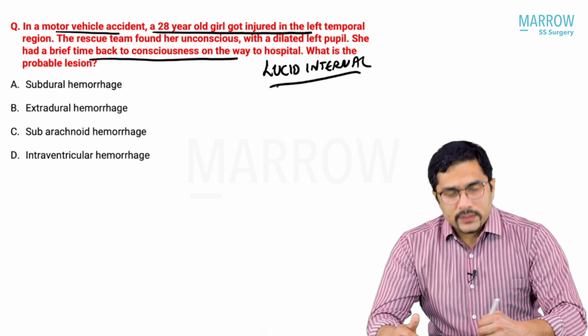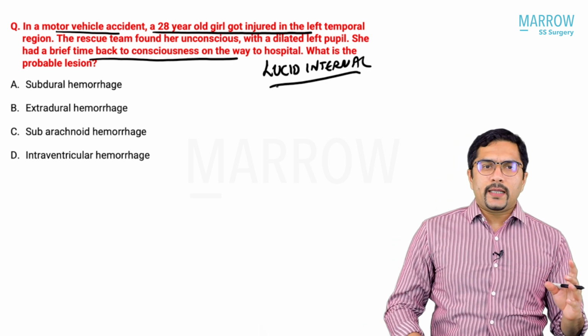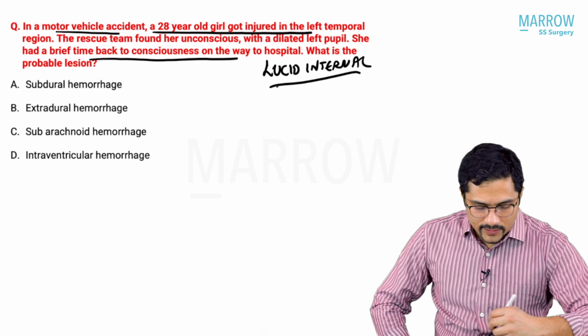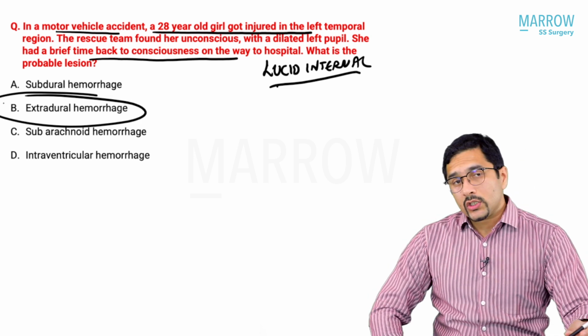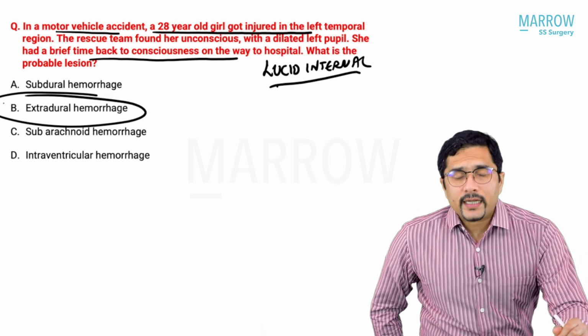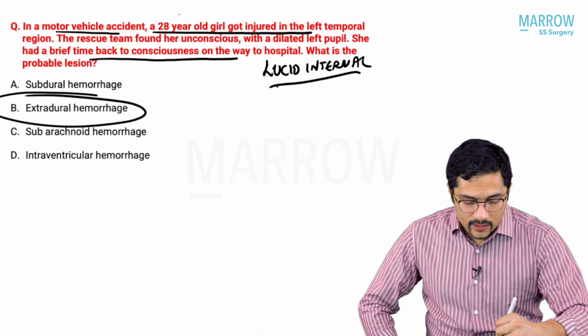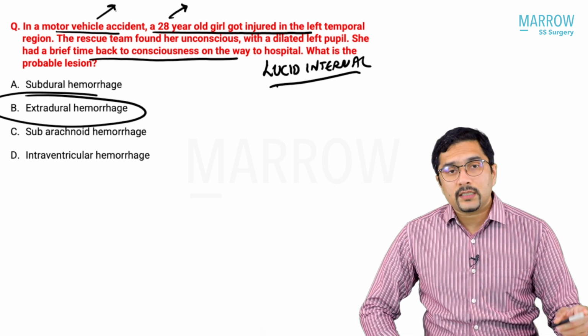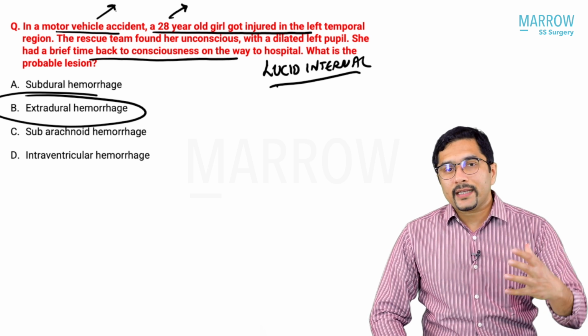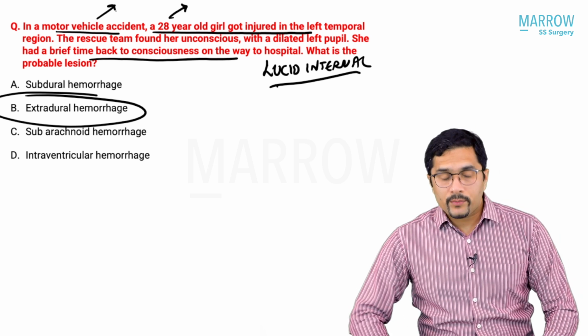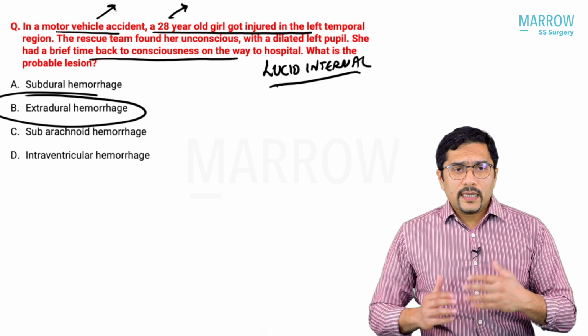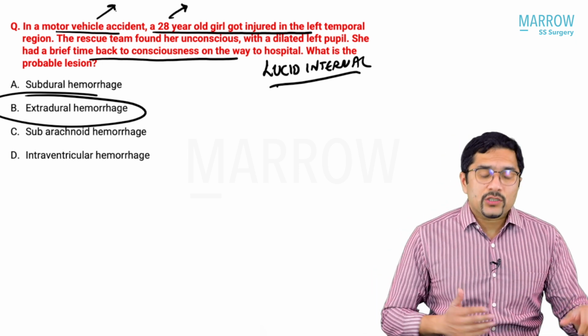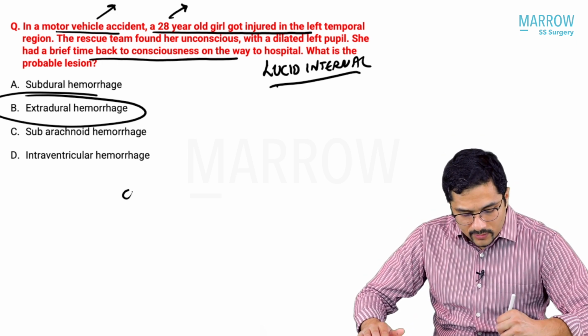Now, you know that lucid interval can be seen in any head injury, but very common in patients with extradural hemorrhage. And the other indicators for extradural hemorrhage are a young patient and high velocity impact. Subdural hemorrhage is more gradual, especially if it is chronic subdural hemorrhage.